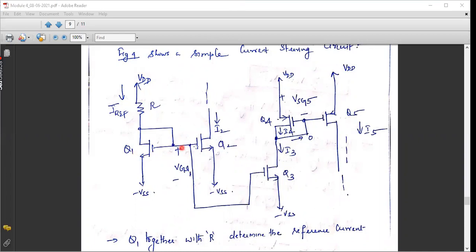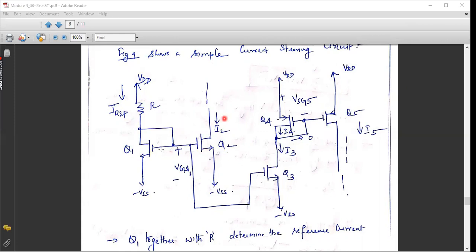So if you see Q1 and Q2, these two transistors form a single mirror circuit that will generate a current called I2, right? This I2 is dependent on the reference source IREF. So the transistors Q1 and Q2 together are called a current mirror circuit, because I2 is dependent on IREF.